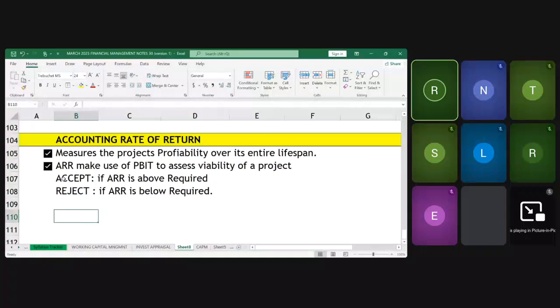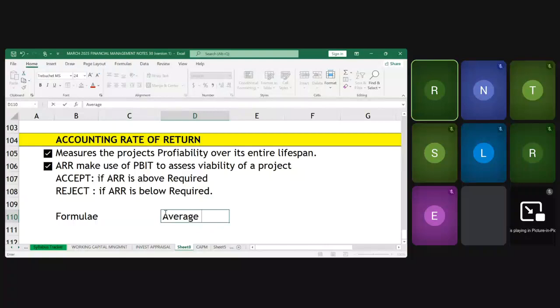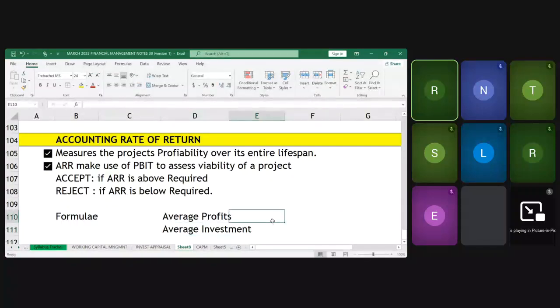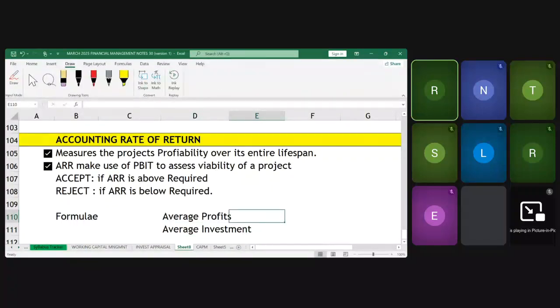Okay, so formula B is our formula for ARR. We are going to have average profits divided by average investment, times 100%.